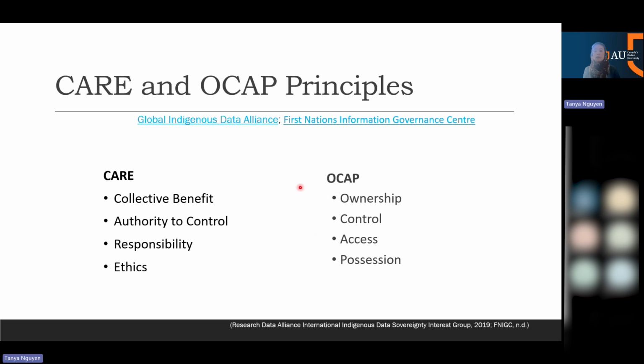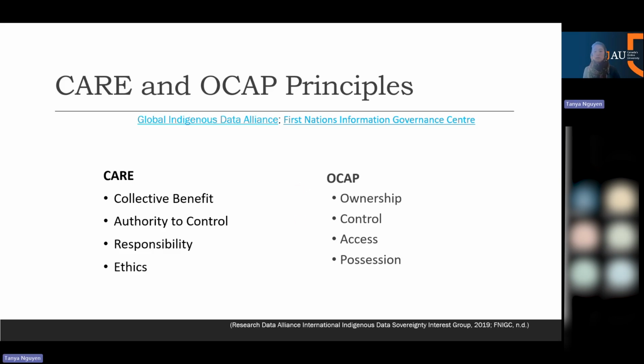OCAP here is a Canadian-specific principle developed specifically for First Nations in Canada, and it was put forward by the First Nations Information Governance Centre, and they offer their own training on applying the OCAP principles.